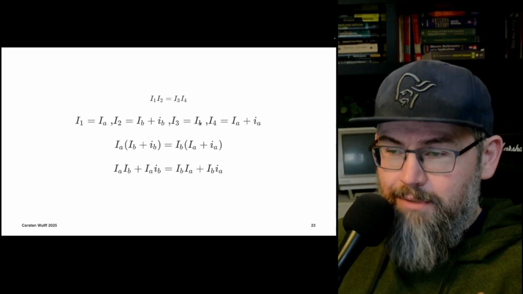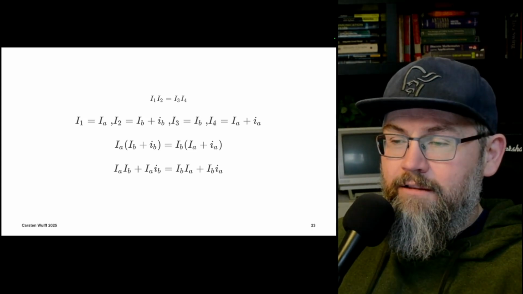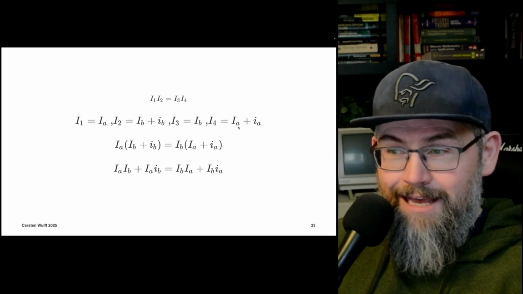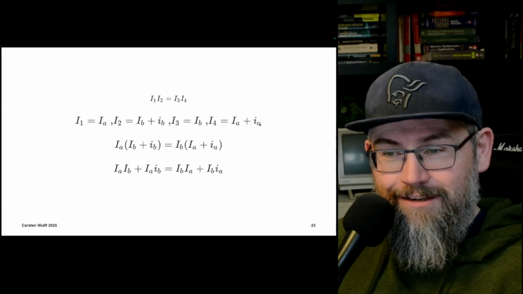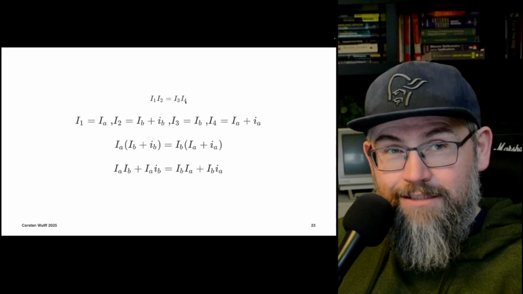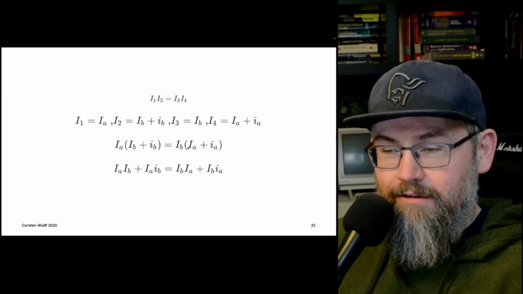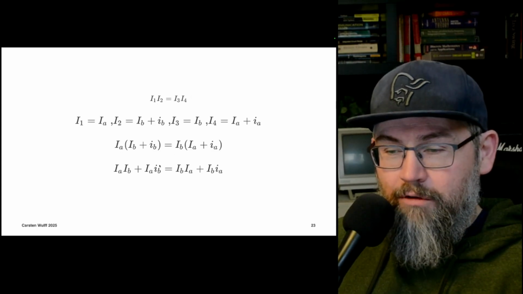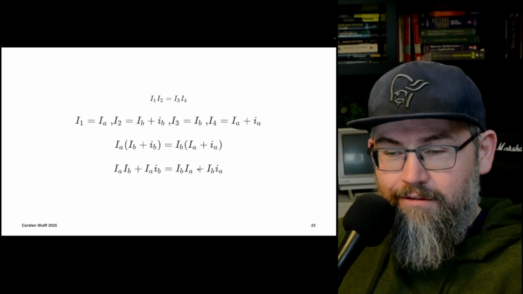I3 is going to be big IB, and then I4 is going to be big IA plus small IA. And if I insert in the equation above, I get what I'm seeing here. I can multiply out, and now I think it gets interesting.